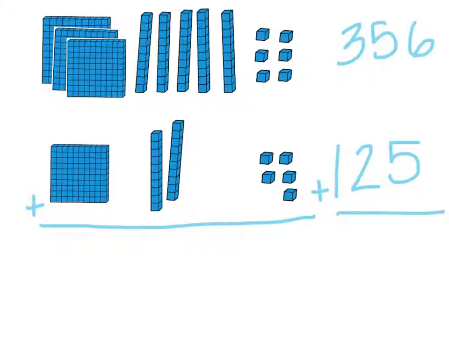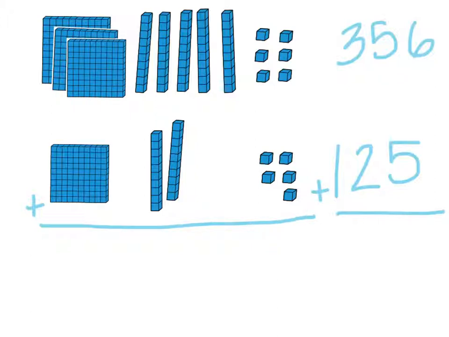Here's a problem using our standard algorithm, but this time we've built a model of our numbers using place value blocks. I have 356 in my place value blocks and 125 in my place value blocks.